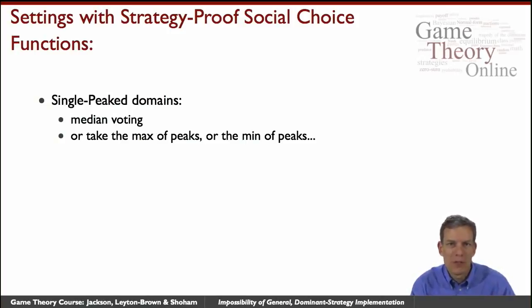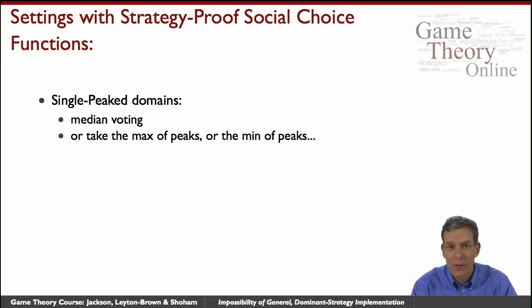But we'll find more interesting rules that we can work with. We've already seen one, in fact: median voting on a single peaked domain. As we mentioned there, if you're asked for your preferences, you have no reason to try and distort your preferences. The median peak wins, and the only way to change that is to flip over and announce something on the other side, which would be worse for a given individual.